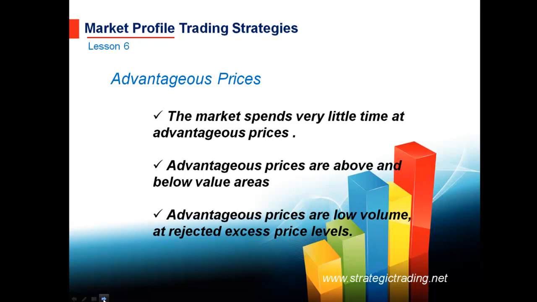Also, at these extremes or advantageous prices, we will always find that we are going to be outside the value area. We are either going to be above it or below it. So by definition, if prices are within the value area, they're obviously not advantageous. You either have to be below value or above value to create an advantageous price.